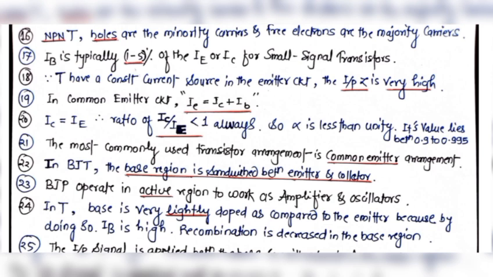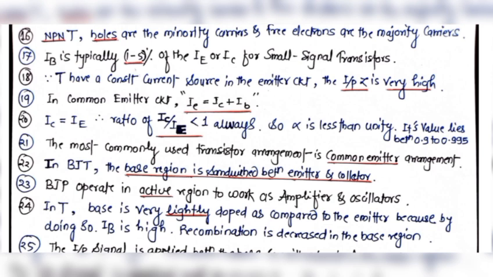In common emitter circuit, IE is equal to IC plus IB. IE is approximately equal to IC, therefore, ratio of IC upon IE is always less than 1. So alpha is less than unity. Its value lies between 0.9 to 0.995.